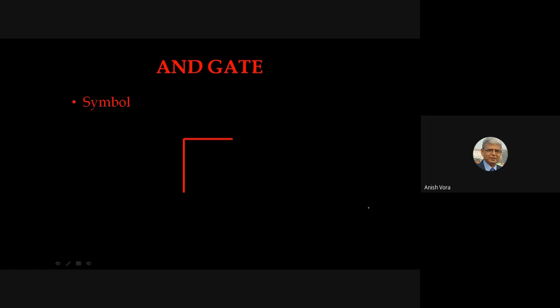Then we can draw the symbol like this. We take two inputs. As I said, in some gates more than two inputs are also possible, but the output is always one. So we have A and B as two inputs and one output.